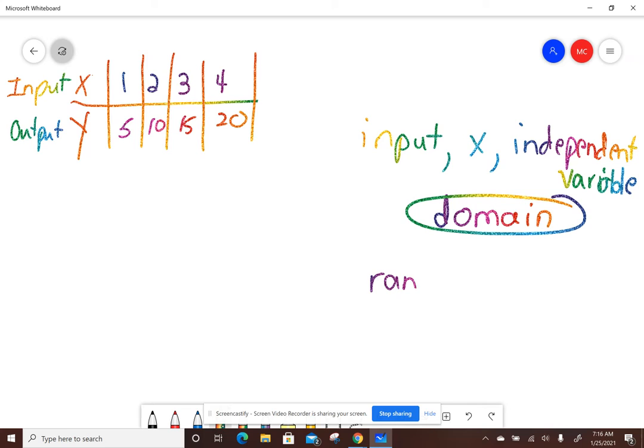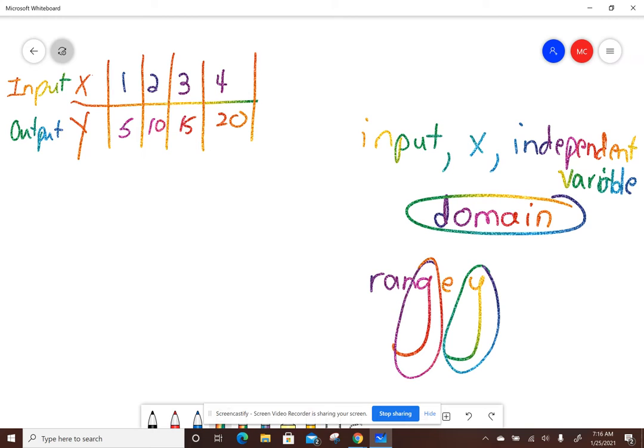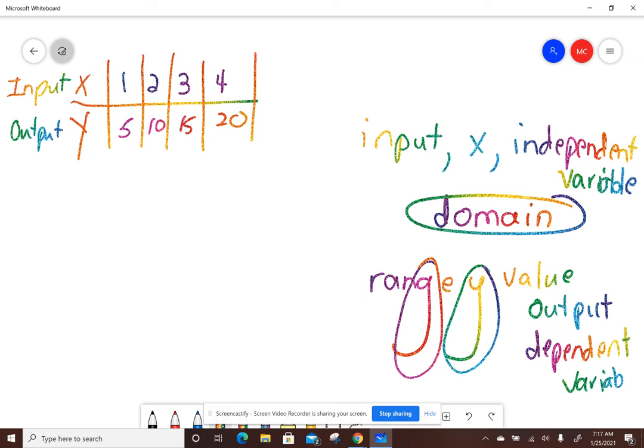The range is your Y values. And we remember that because they both have tails. So your Y values are your output values, and they are your dependent variable. Okay, so you have to know domain and range. Domain is all the X values. The range is all your Y values.